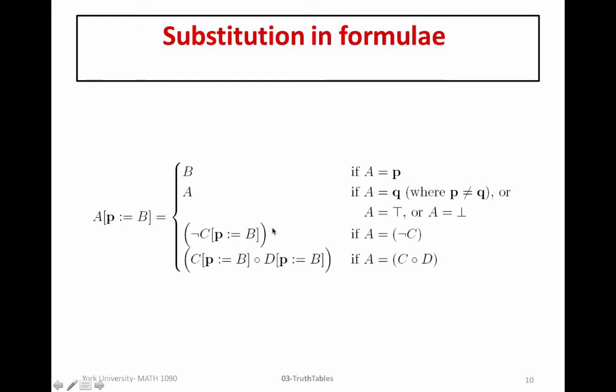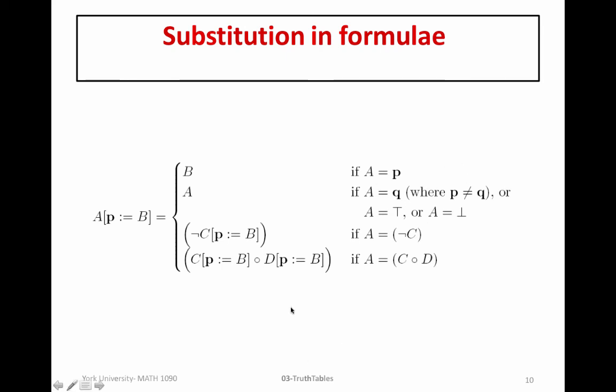This is a recursive definition, so to define this, we go back through this definition, and essentially all this is telling us is when we see P, we replace it by the well-formed formula B. Finally, the last step of our formula calculation is that A is of the form C circle D, where circle is any of our binary Boolean connectives.